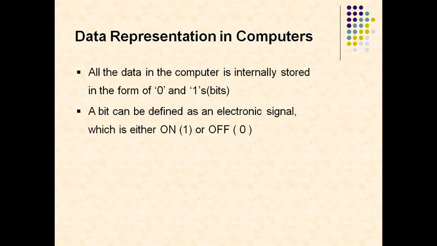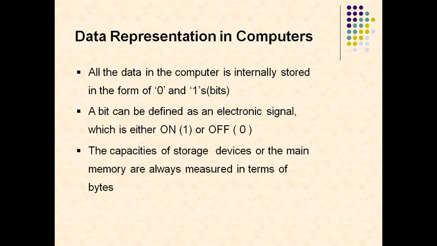So, data representation in computers. How do we represent the data in computers? How do computers take the data? All the data in a computer is internally stored in the form of zeros and ones. I have already discussed this with you in the previous classes. A computer is an electronic device which takes input, processes that input and gives the output, but it does not understand the English language.